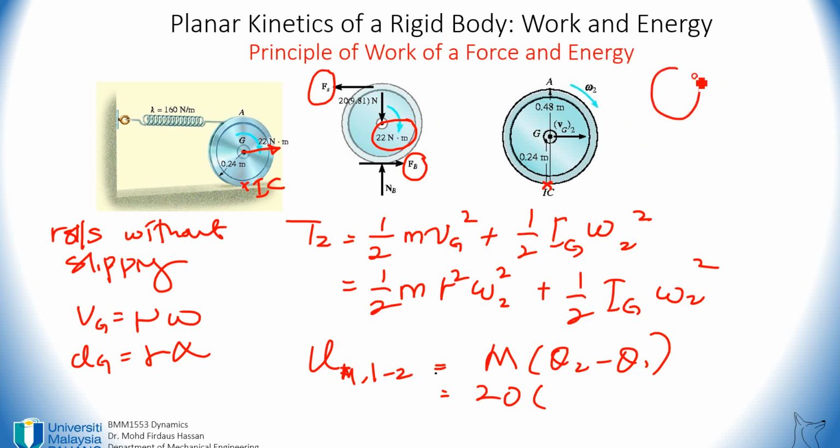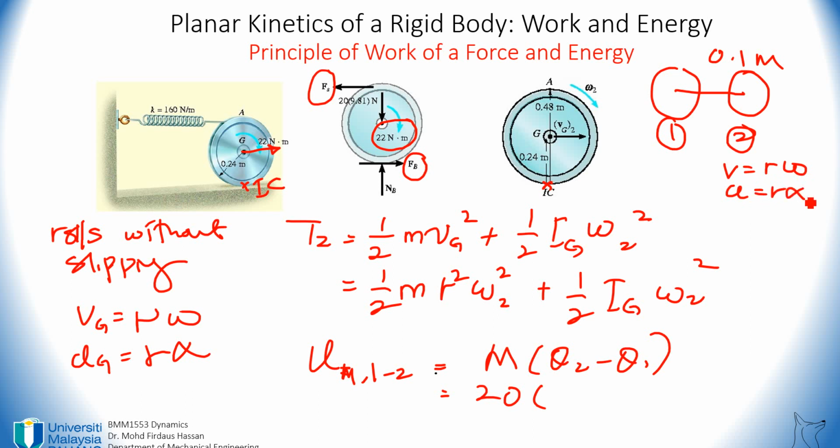Point G moves from point 1 to point 2, for example by 0.1 meters. We know that v is R omega, a is R alpha, and the displacement d is R theta.